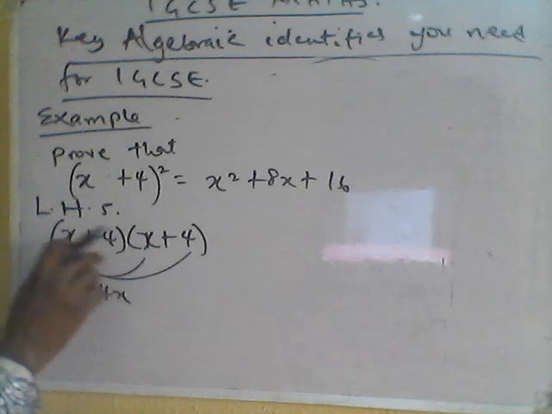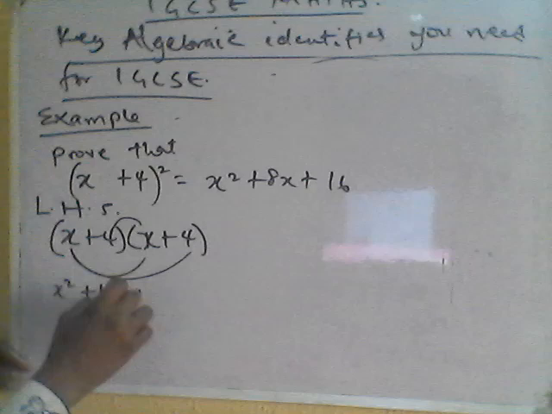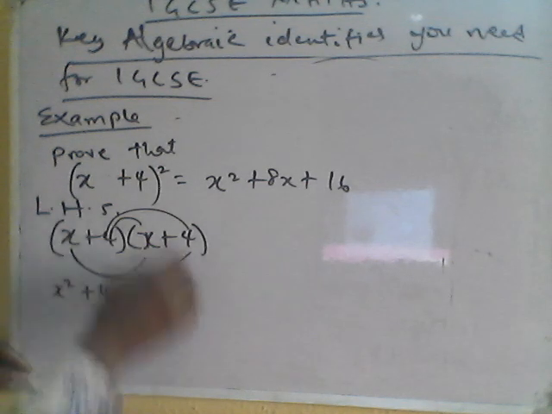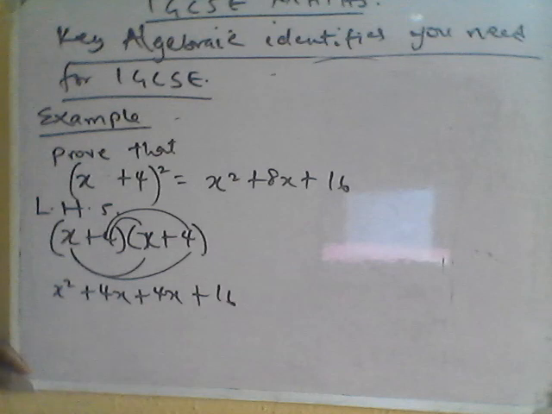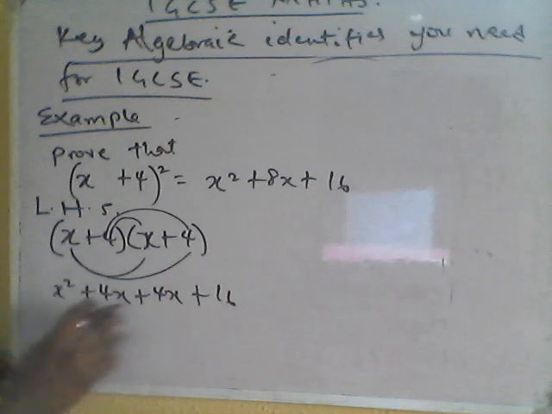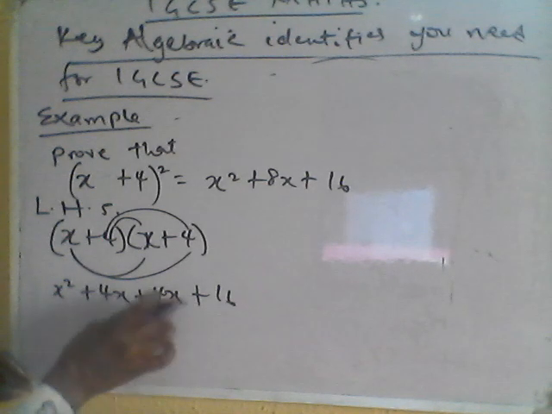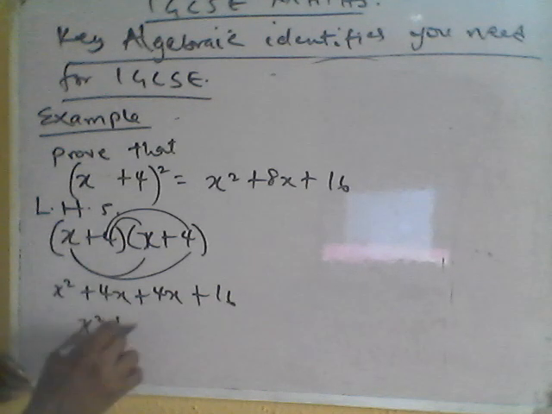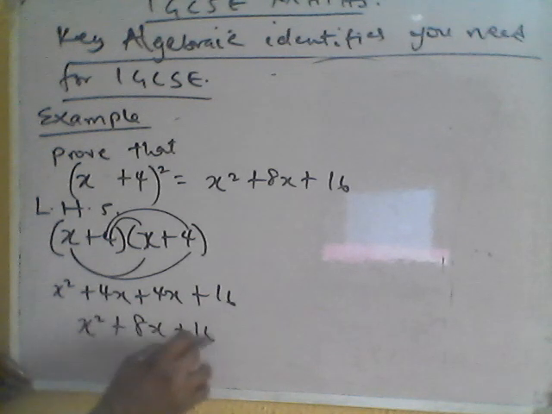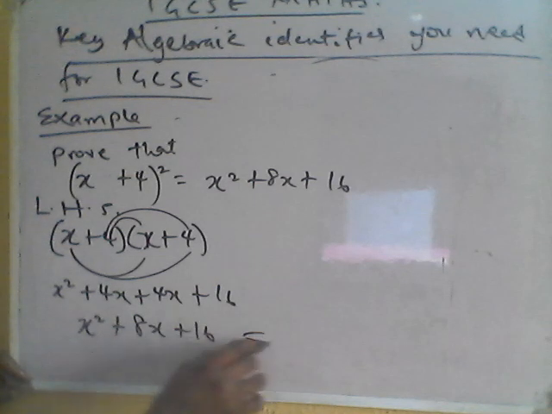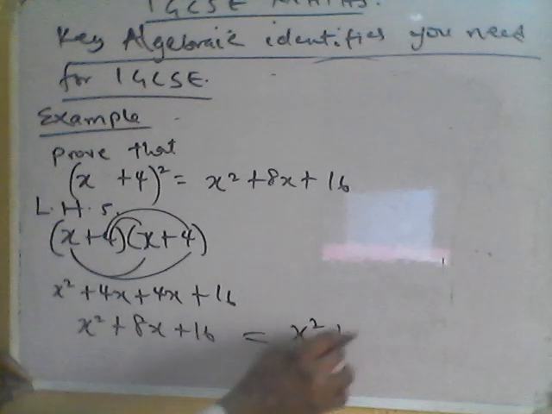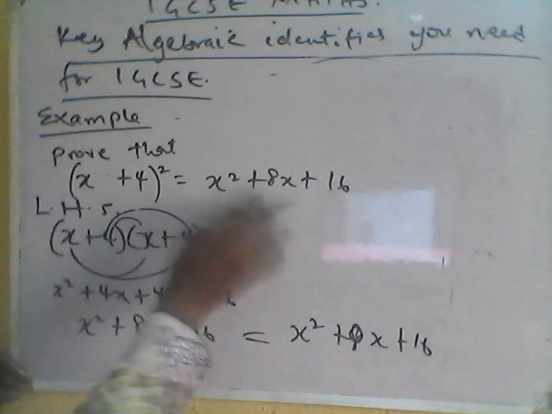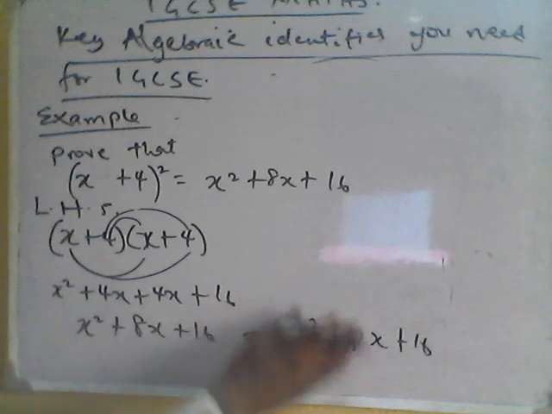Then go to this: plus 4 times x is plus 4x, and plus 4 times 4 is 16. Okay, so I work on this further. These are like terms, so I'll add them. So I have x squared, plus 4 plus 4 is 8x, then plus 16. So this is equal to this, meaning that I have proven that this identity is correct, right?